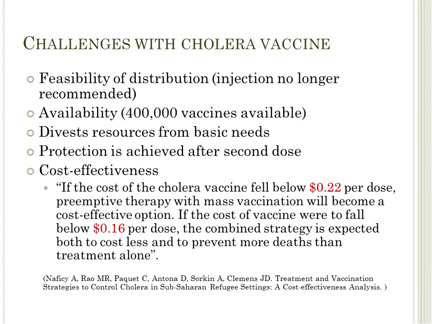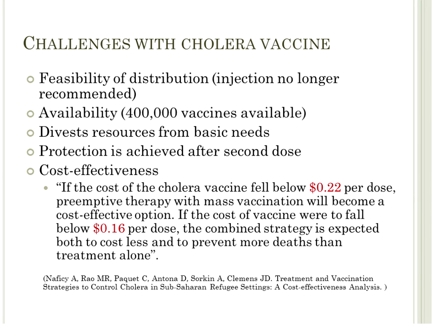Until recently, there was only the injection available, and distributing the vaccine in the form of injection is very, very difficult logistically, because you have to think about storage, and you have to think about actually purchasing needles. The oral vaccine is a lot easier to distribute compared to the injection. So availability is a major issue.